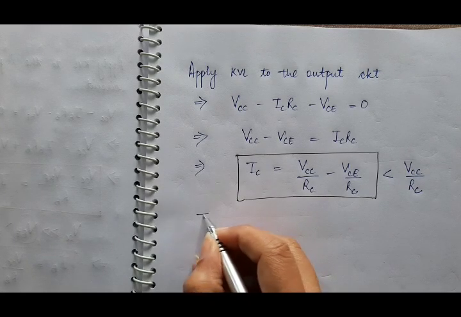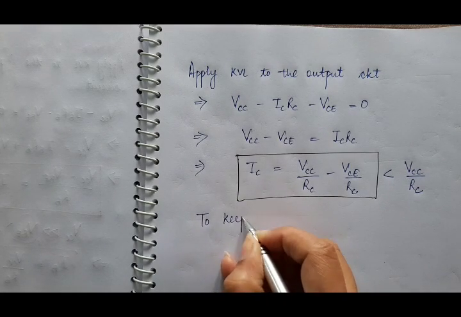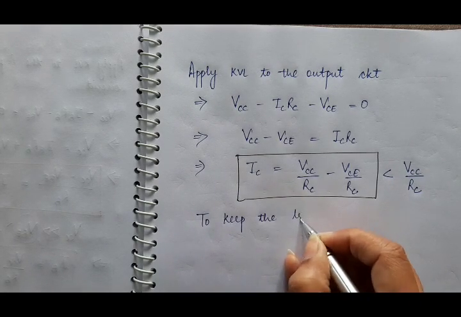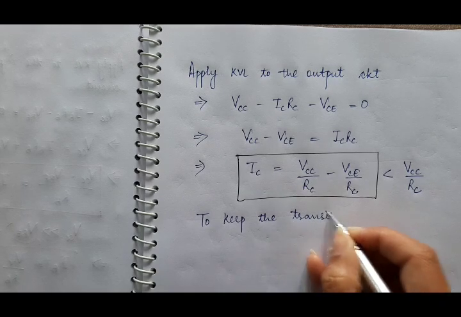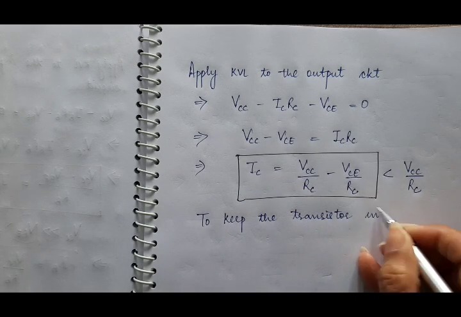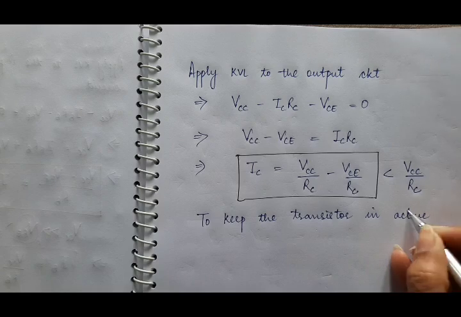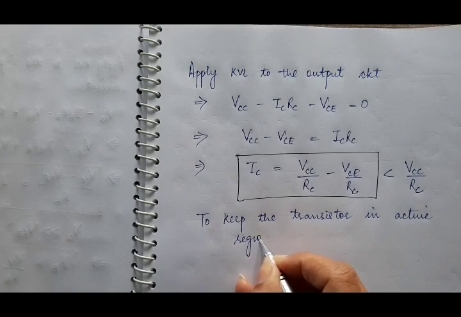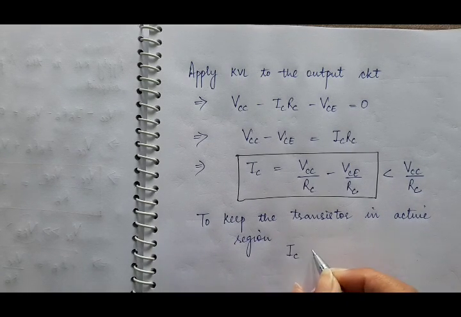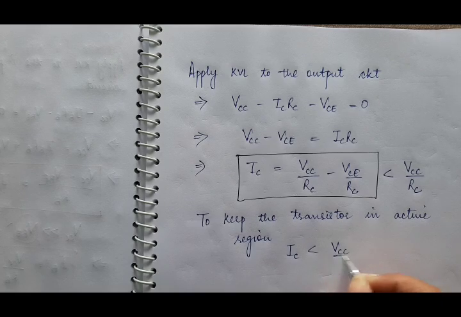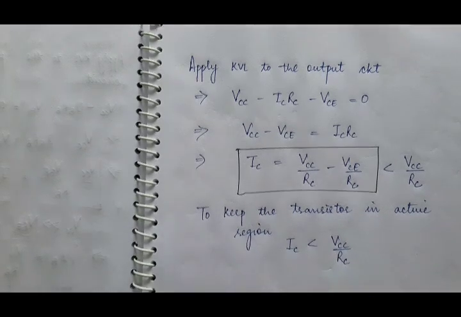So to keep the transistor in the active region, we have a condition on the collector current. This collector current must be less than this VCC by RC.